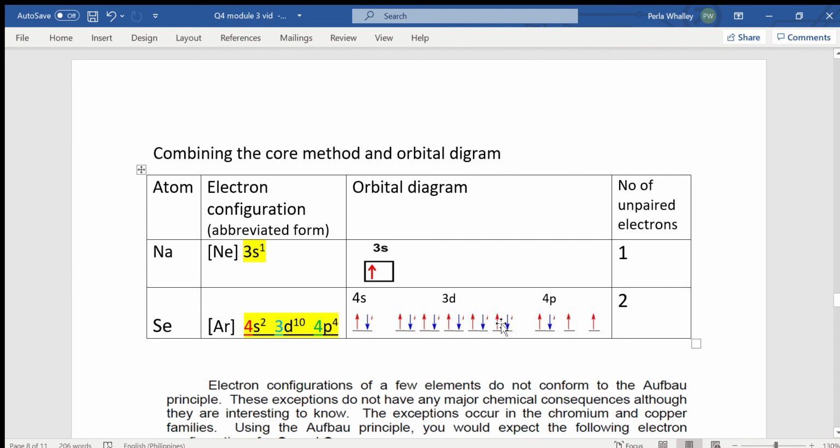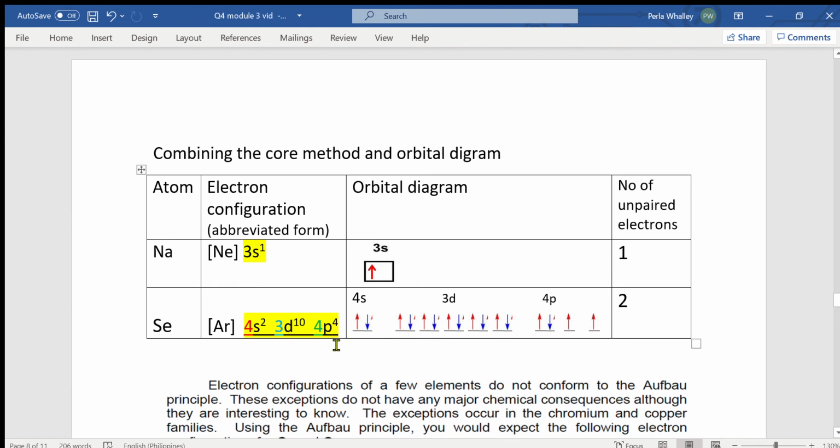There are 10. So we only have 5 there. So that means all these electrons will be paired. So arrow down, paired, arrow down, paired, arrow down, paired, arrow down, paired, and arrow down, paired. So 1, 2, 3, 4, 5, 10. Remember 3d10.